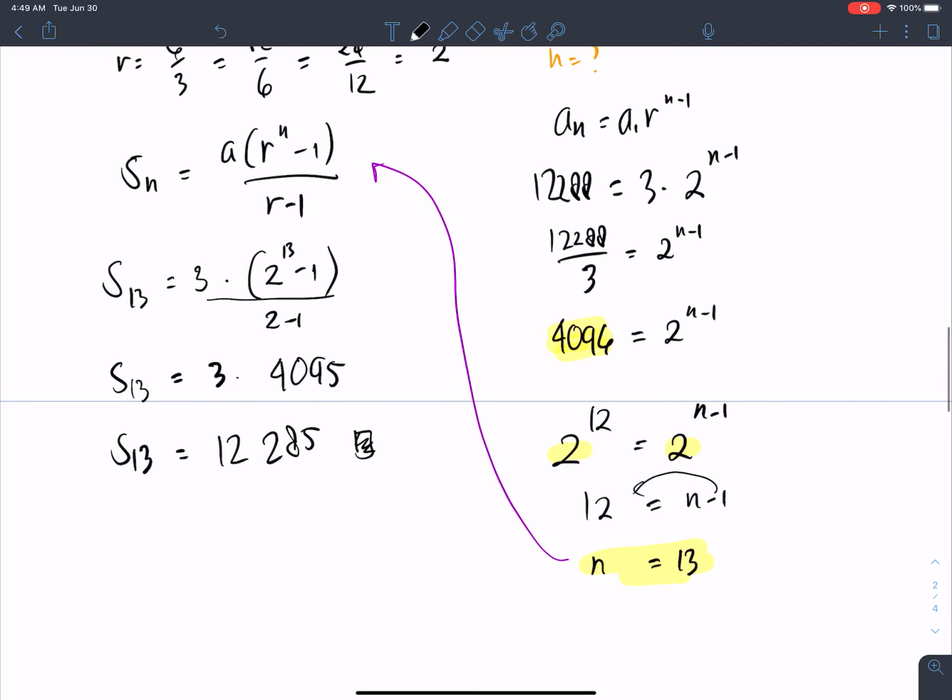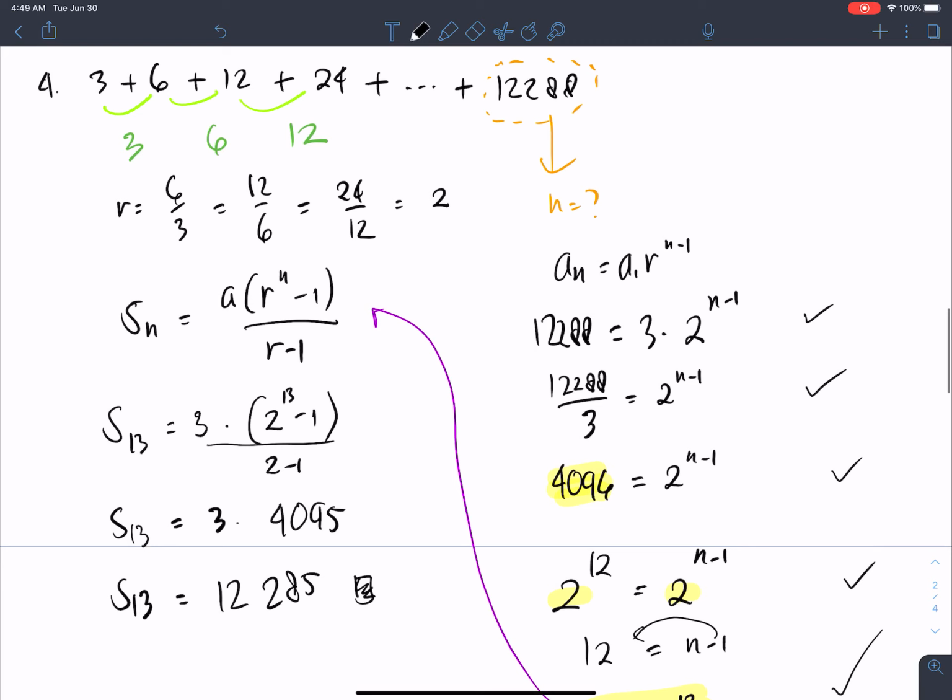Over here all good, this one okay, up to this point okay, and over here also 2 to the power of 12 okay, and over here also okay.